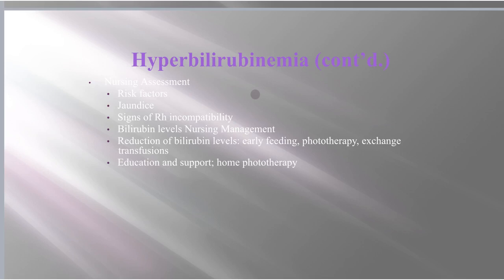It's diluting out the high levels of bilirubin. A partial exchange transfusion would be pulling out so many cc's of the baby's blood, putting back in so many cc's of normal saline. So it's 1 for 1. 10 cc's of baby's blood being taken out, 10 cc's of saline put back in, diluting out those high levels of bilirubin.